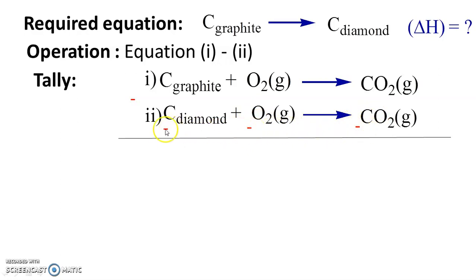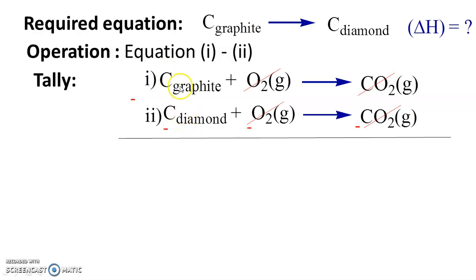These signs highlighted with red color, these are the minus signs. Now plus CO2 minus CO2, these are at the product side, they will cancel with each other. Again minus O2 plus O2, these are at reactant side, they also get cancelled with each other. Now carbon graphite and carbon diamond.